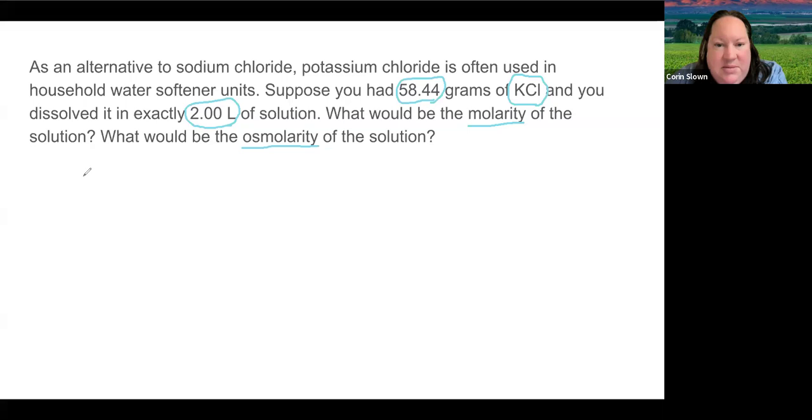So as a place to start, we always want to solve for moles. So we're going to start here with 58.44 grams. And we're going to use the molar mass of KCl. Again, we could calculate that from a periodic table, or we can look it up.